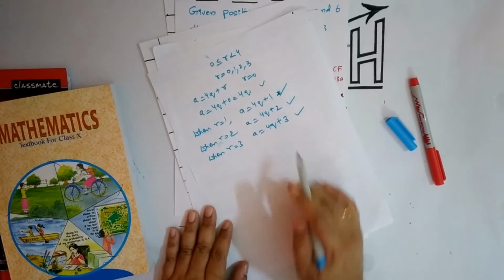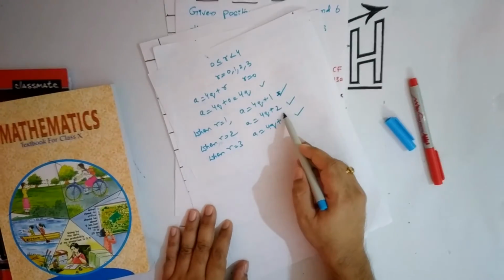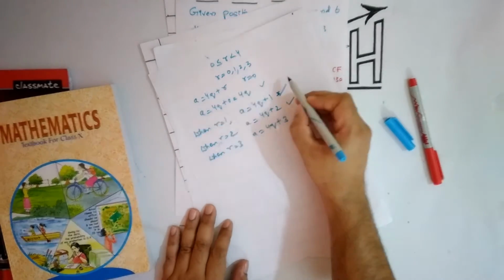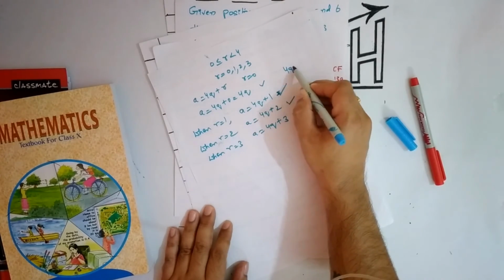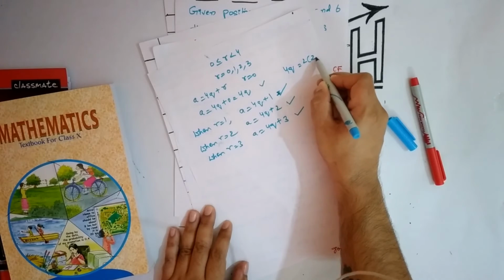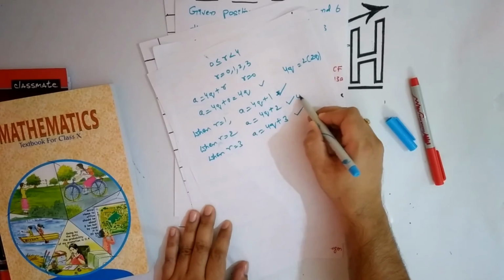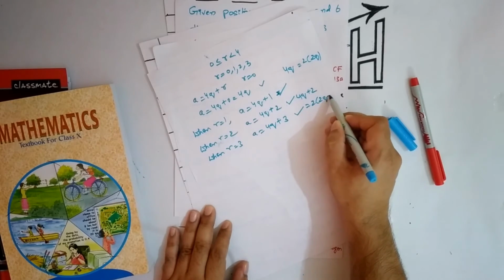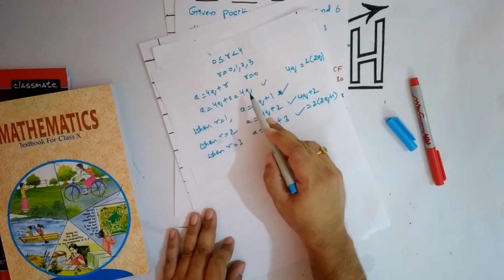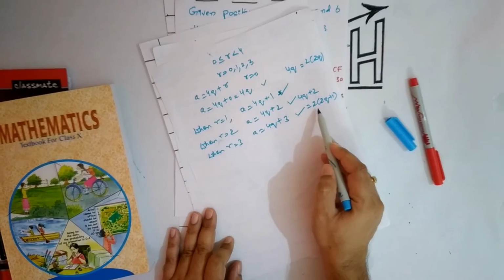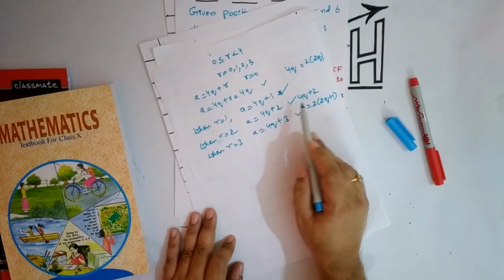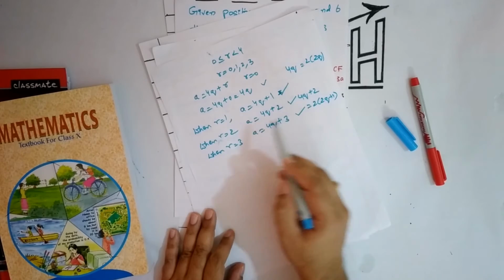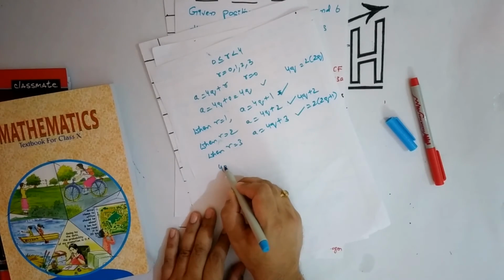Here we have to identify that 4q and 4q plus 2 are even numbers. How do we know? 4q is nothing but 2 into 2q, and 4q plus 2 is equal to 2 into 2q plus 1. So 4q and 4q plus 2 are both divisible by 2. Because they both are divisible by 2, they both are even numbers.